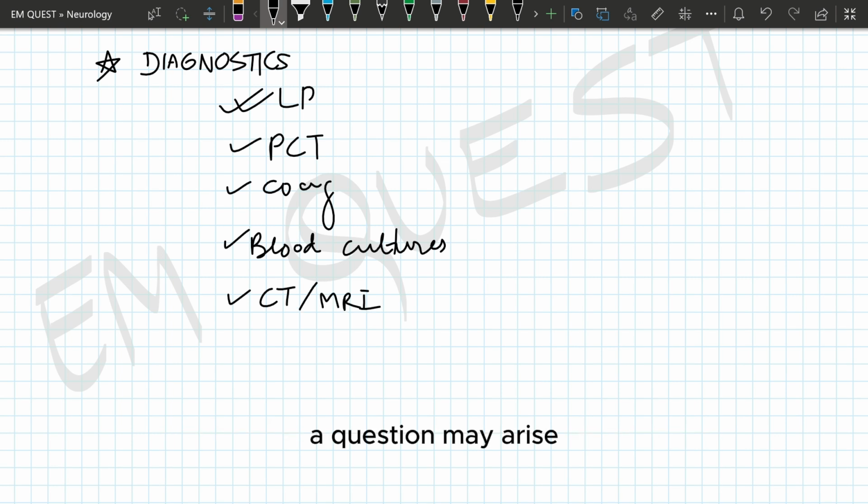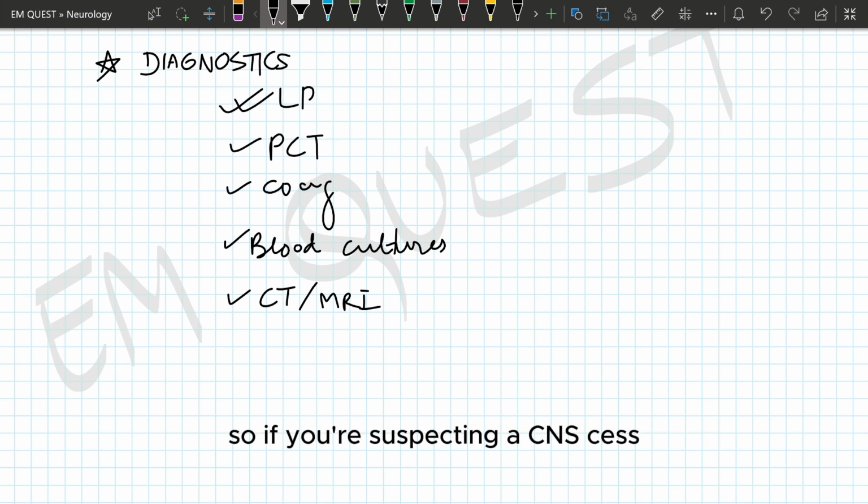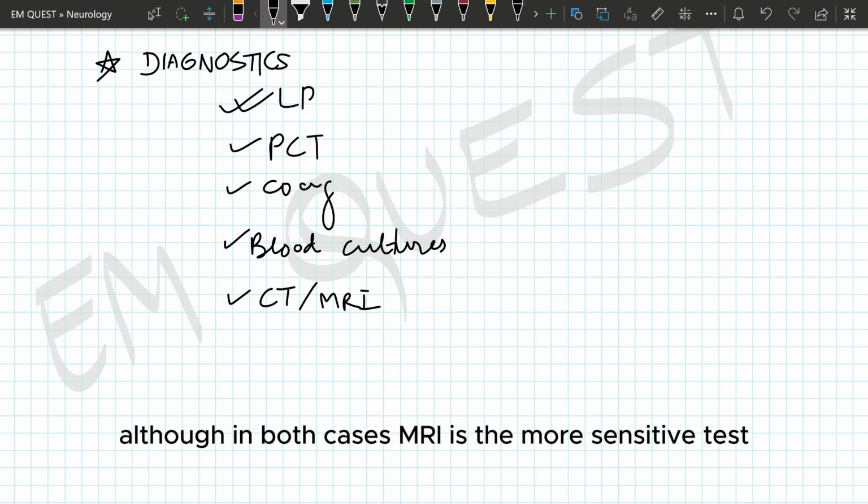A question may arise, when do we send for a CT with contrast? Normally, we prefer to send a contrast study when you have a mass lesion on your differential. So if you're suspecting a CNS abscess, then you can send for a contrast enhanced CT. Although in both cases, MRI is the more sensitive test.